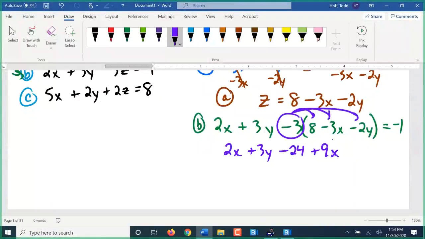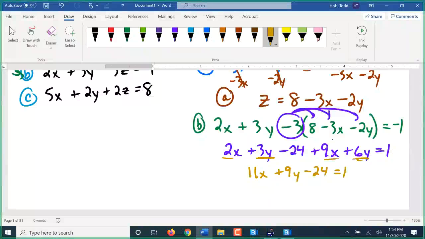And negative 3 times negative 2y is a positive 6y. Equals negative 1. Well, we are still combining here. Combining 2x and 9x is 11x. 3y and 6y is 9y. I still have the minus 24 equals negative 1.